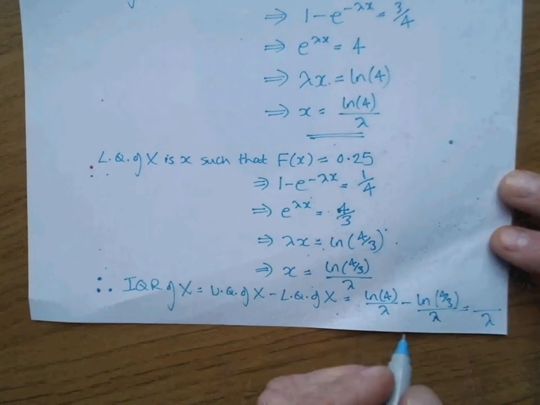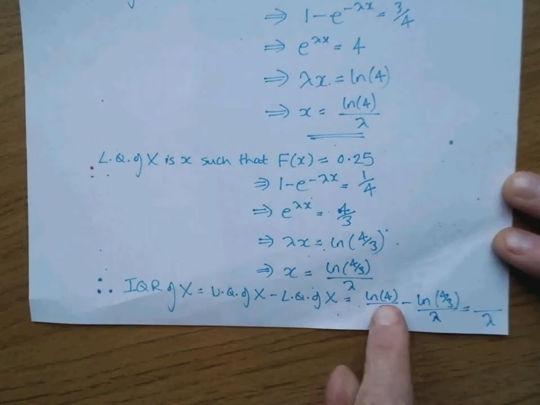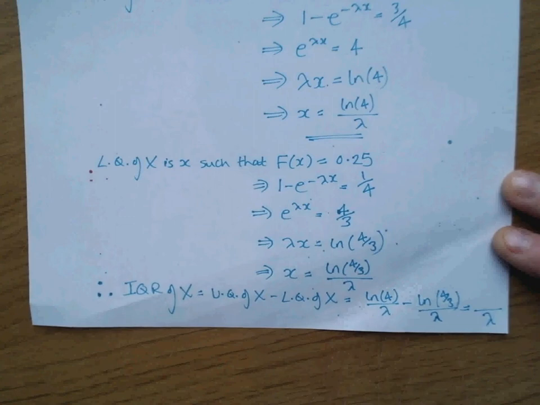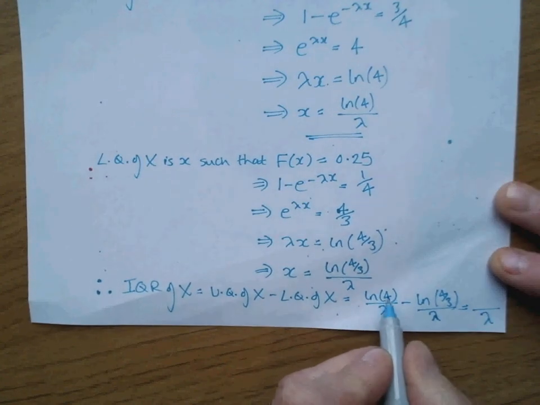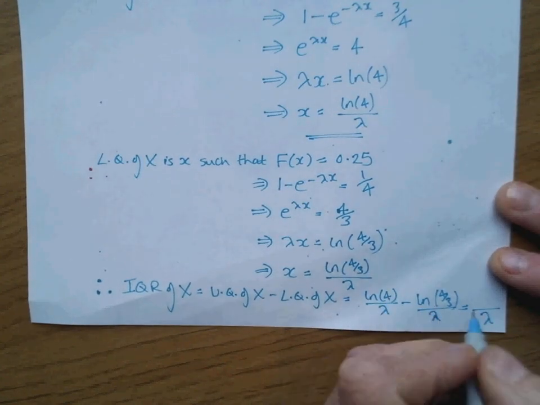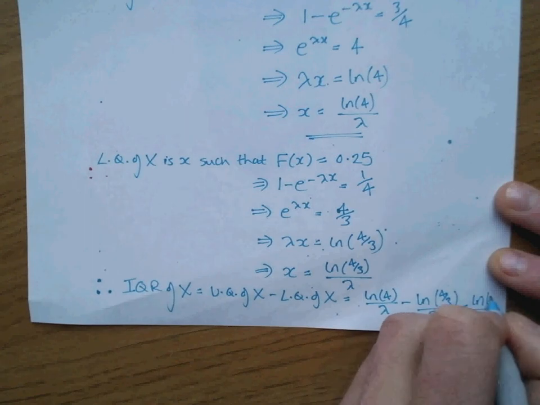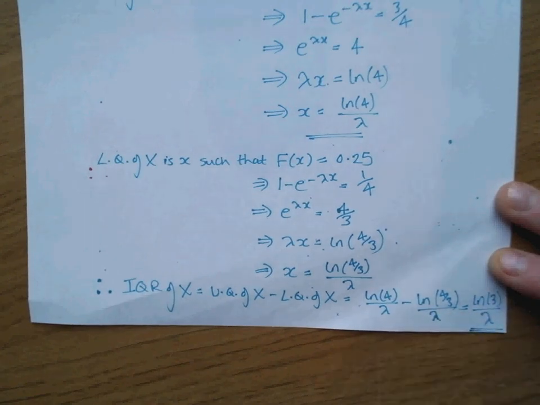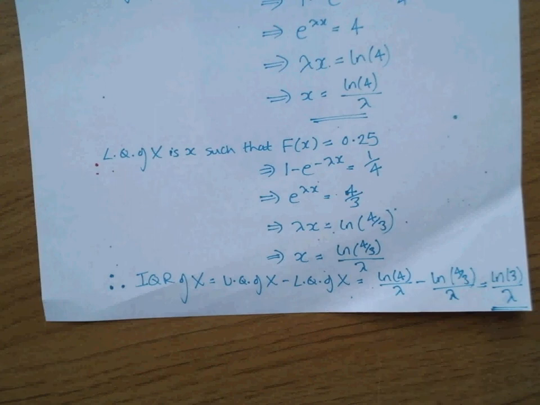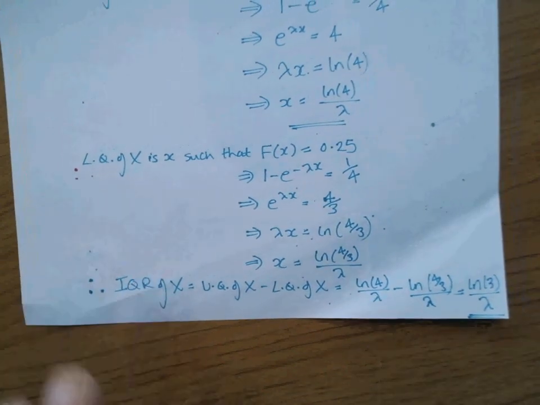It has a common denominator, so that makes life easier, and now we just need ln of 4 minus ln of 4/3, which, using our laws of logs, gives ln of 4 divided by 4/3, which is ln of 3. So quite a nice result in the end, and of course we could then work that out with any value of lambda whatsoever.